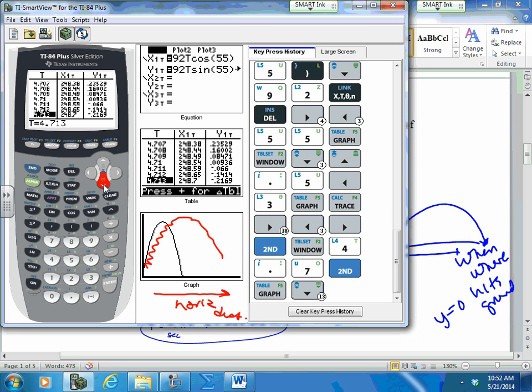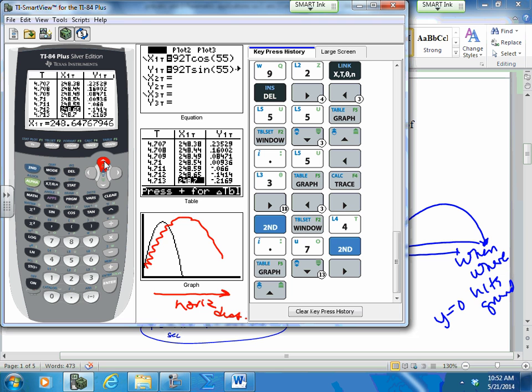And my horizontal distance is right here. Scroll over and come up here. If you scroll over it, you round it a little bit better to your 3 decimal places. That's your horizontal distance that it traveled at that time. I want the time, I want the distance.